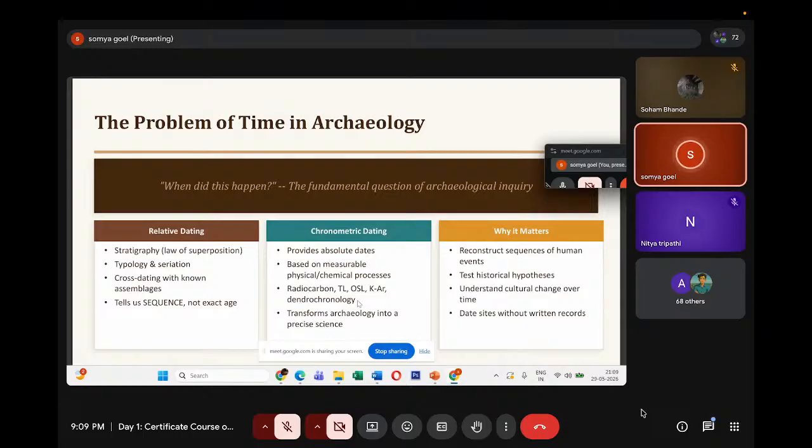They give you dates, the actual numeric dates. For example, 3000 BCE, 200 CE, etc. They are true measurements that you get with precise science.